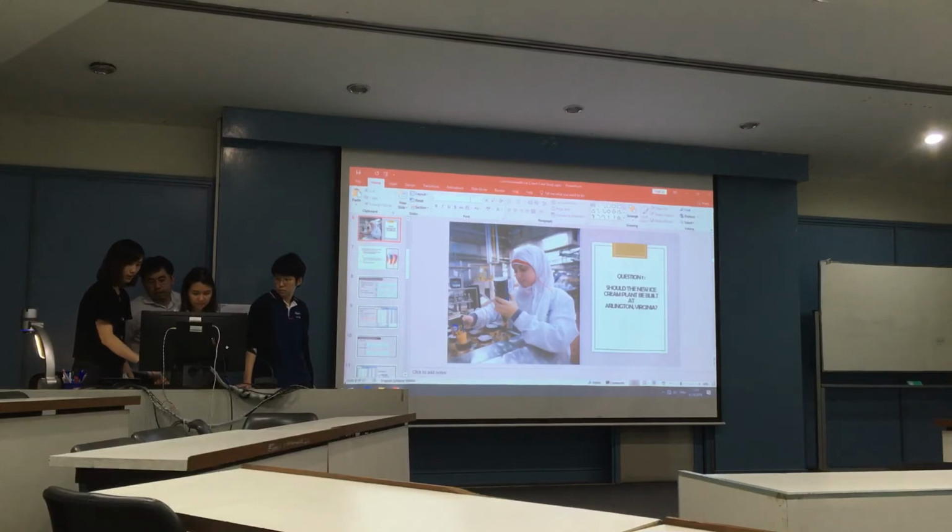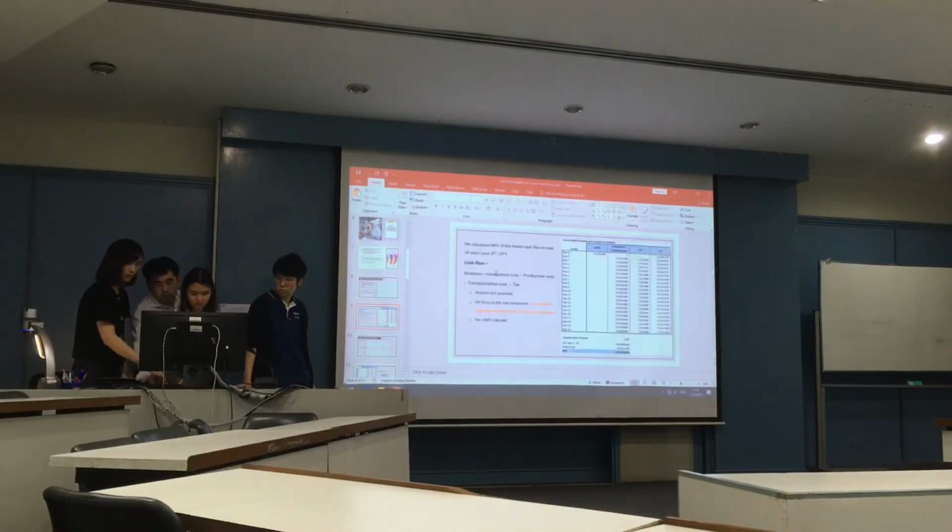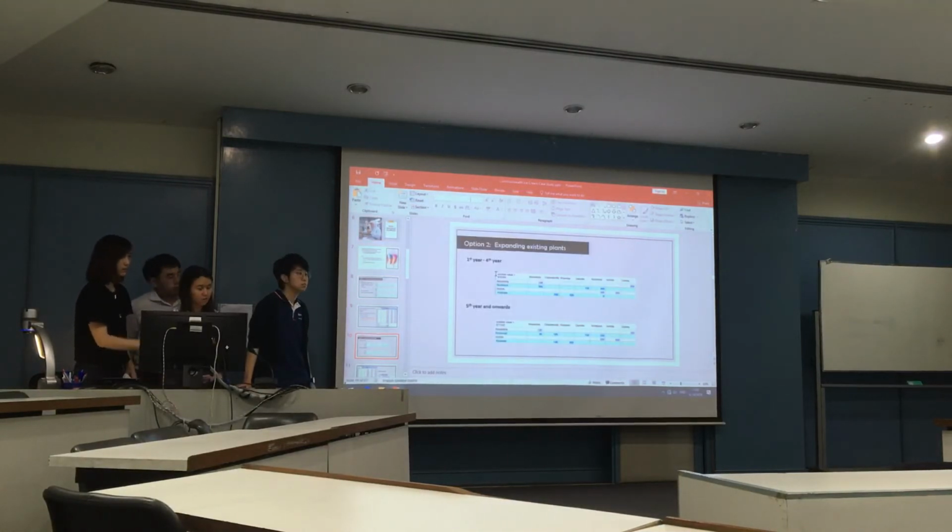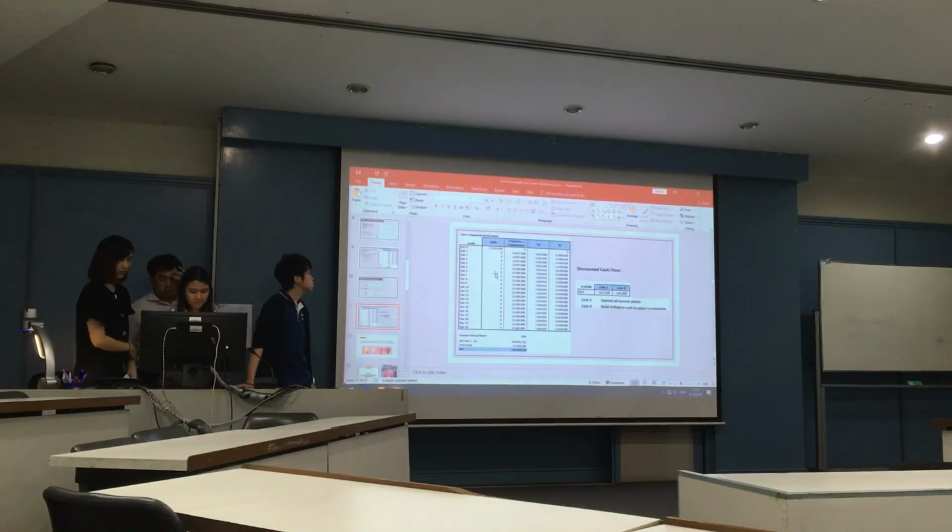In terms of finance, you might consider the benefit of having Arlington and not having Arlington, right? If you use these two cases and try to find the different benefit for the first year and also at year 5, and assume all the linear depreciation and all the same things, and you use the NPV to analyze, it's going to be positive.